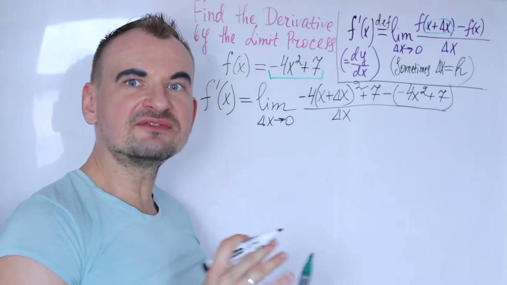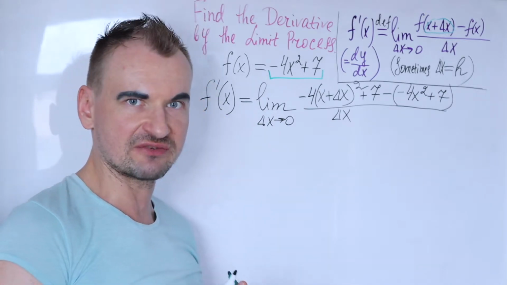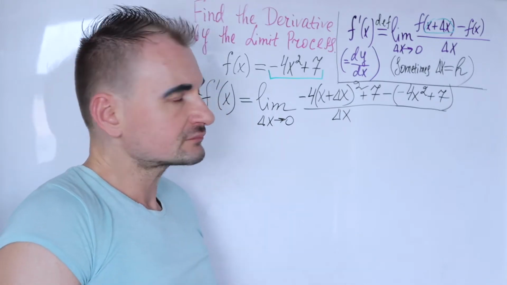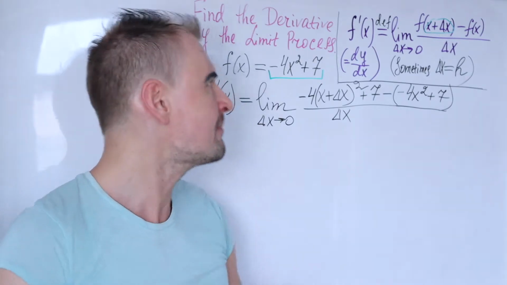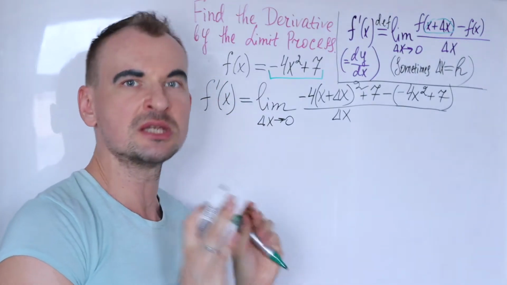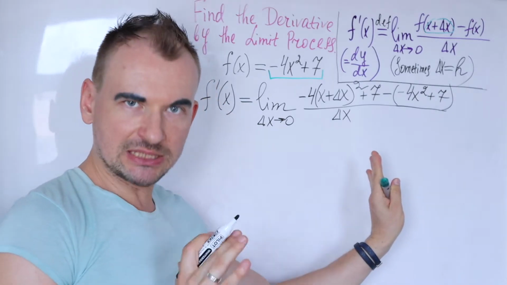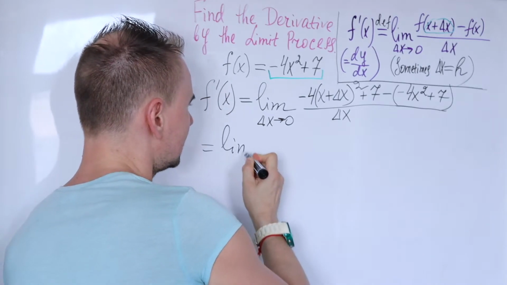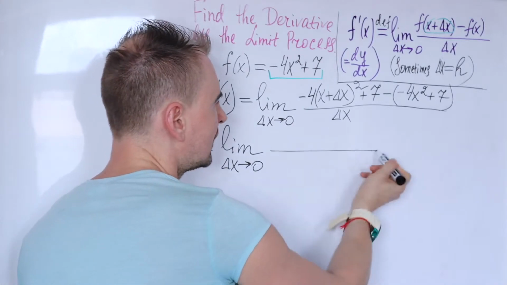Alright, we're done with that substituting part, but we're not done with the derivative. We need to take the limit. Taking the limit is completely another story, and that's coming up. But at this point, use your basic algebra skills and simplify it down. So the next line, limit as delta x approaches 0.